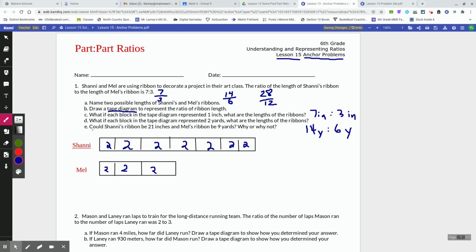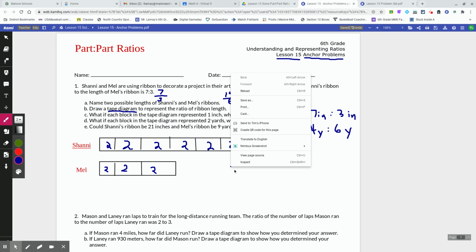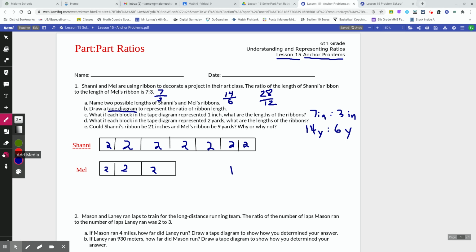All right. And then E, could Shanna's ribbon be 21 inches and Mel's 9 inches? Sorry about that. So 21 to 9. Is that possible? Basically what they're asking is, is it equal to 7 to 3? Are these ratios equal?